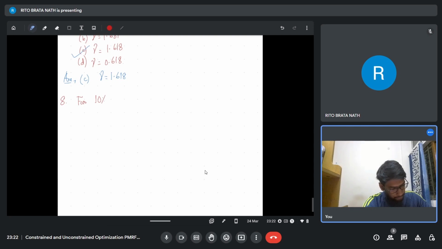So for 10% accuracy, which of the following statements is or are true? So again it's comparing the Fibonacci search method and the golden section method.